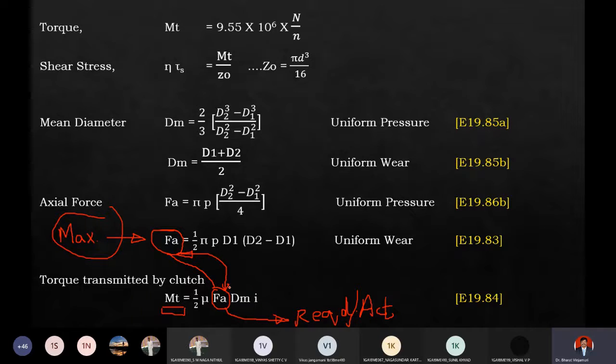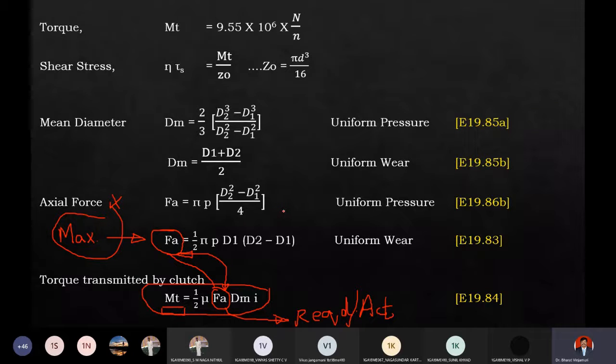In some VTU question papers they have asked to find the maximum axial force. If you want the maximum axial force, calculate FA using this equation. Do not use this equation to find the actual one. So calculate MT and everything, and use this equation to find the actual or required force. That is the only basic thing you need to do.